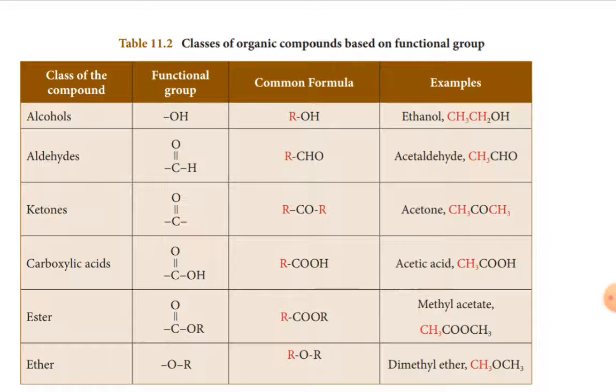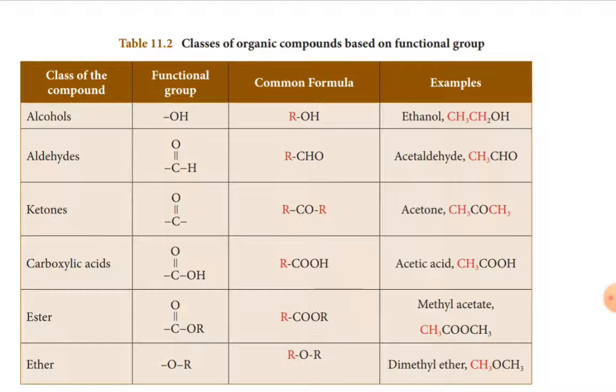Aldehyde, CHO, carbon, hydrogen, oxygen. These three atoms combine in a group and act as a functional group, that we can write as RCHO, or R bonded to CHO. So R is the alkyl group. Suppose instead of R, if you apply methyl CH3, the methyl is obtained from methane.